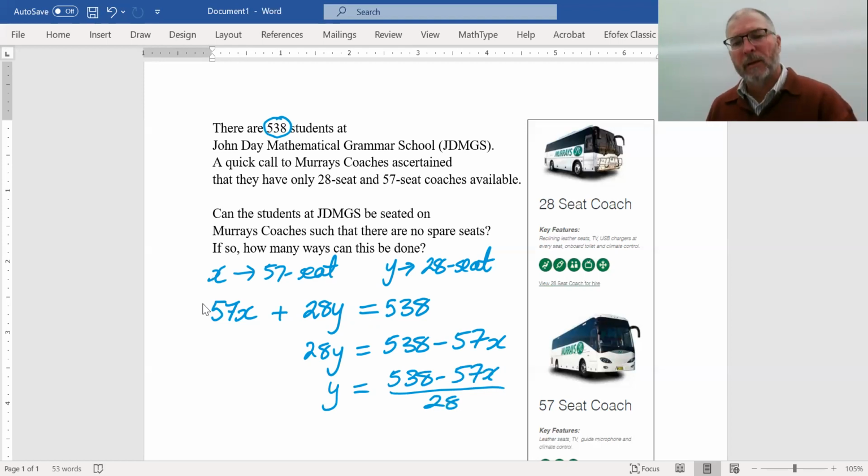Well, looking a bit fractiony, not real happy with the situation. Of course, if there's an answer, what I've written there on the right-hand side is not a fraction. If there's an answer, that stuff works out to be a whole number.